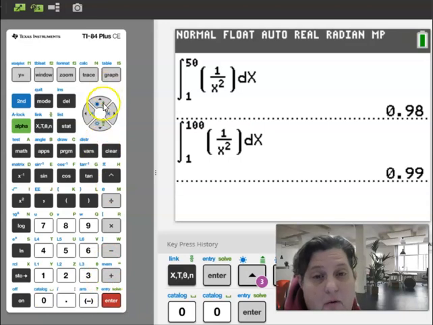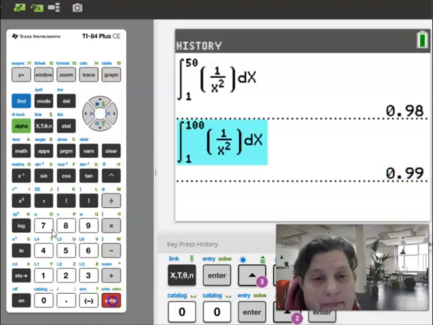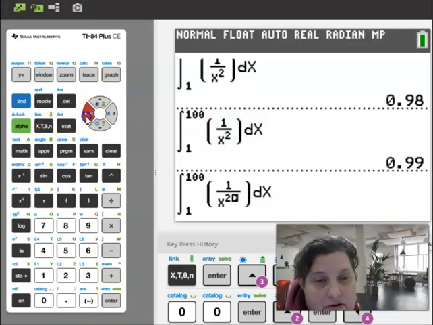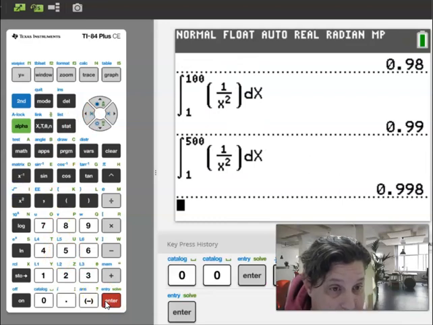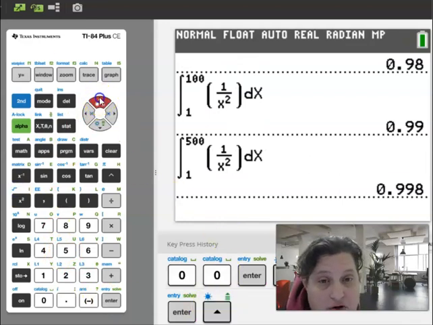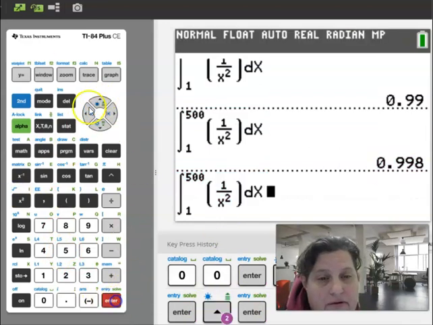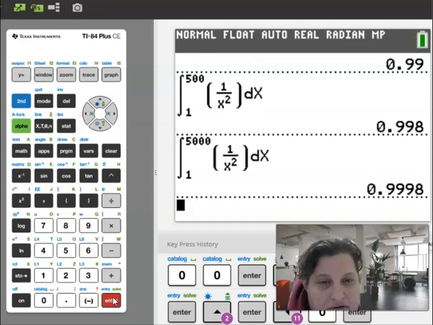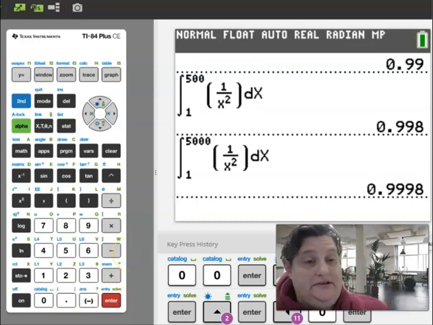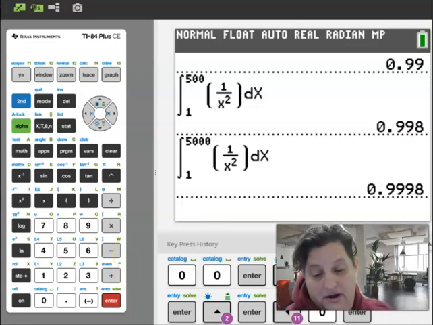Okay, let's see if we can do 500. Even closer, right? We can do this all day, guys. You just put a 0 on here and see if it'll do 5,000. Even closer. So as we go, you can see that the limit is approaching 1. That's why we say that this converges.